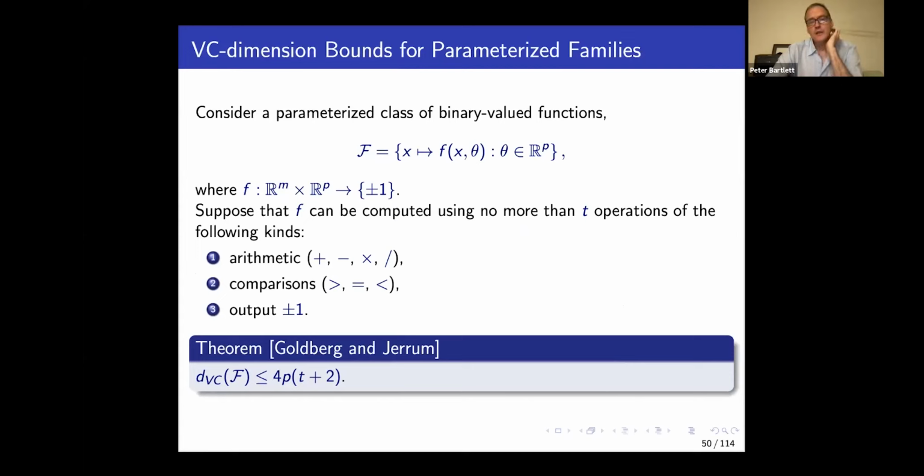Okay, and just to give an example of the sorts of results that are possible for the VC dimension, think about a parameterized family of binary valued functions. Our function class is given by functions that have this vector theta of real valued parameters, let's say p real valued parameters.